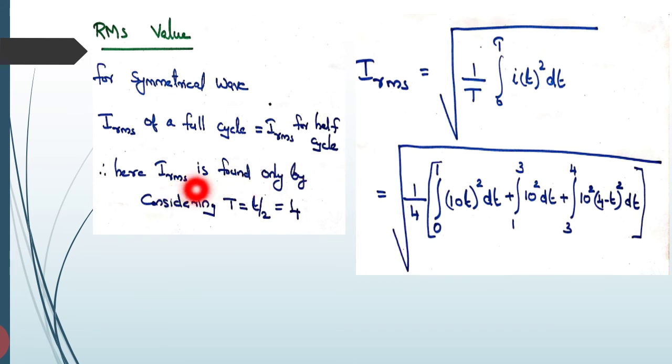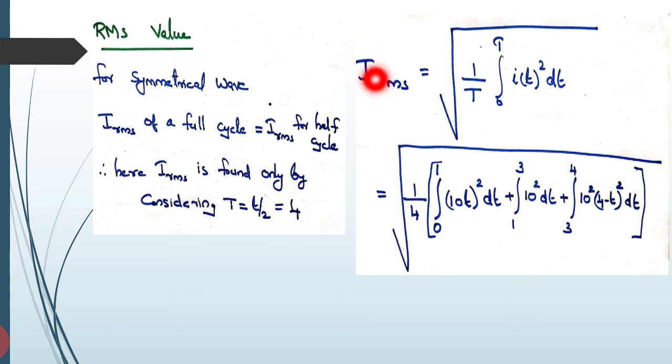So we are considering here T equal to T by 2 equal to 4. You can write this sentence while answering, because your equation is 1 by T integral 0 to T i of t square dt, so you want to specify why you are considering T by 2, or why your T is 4.